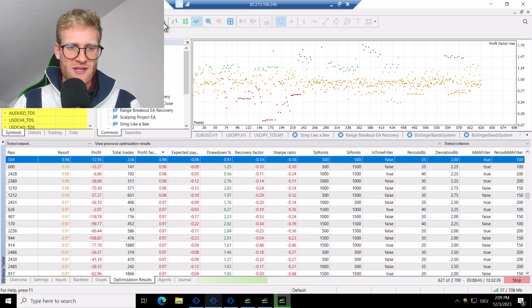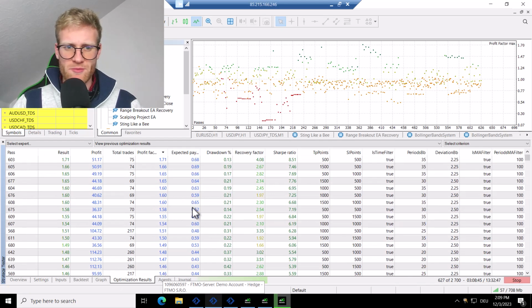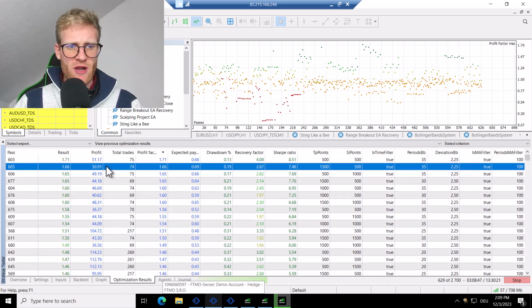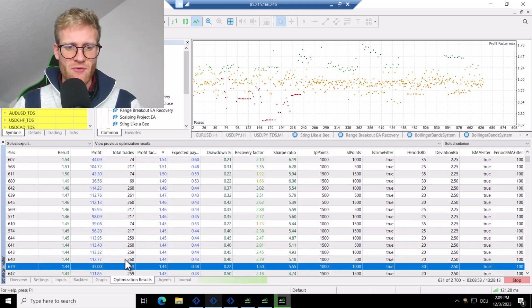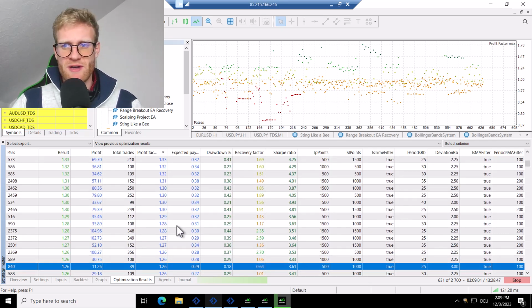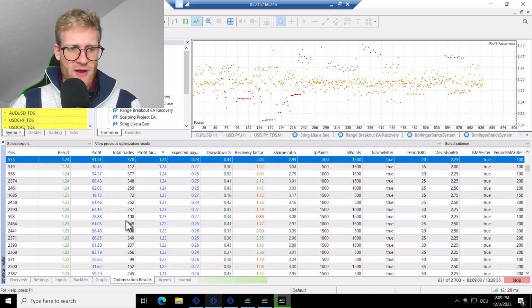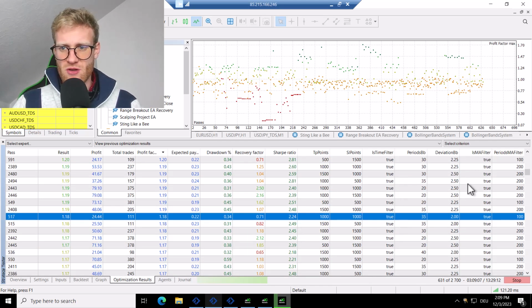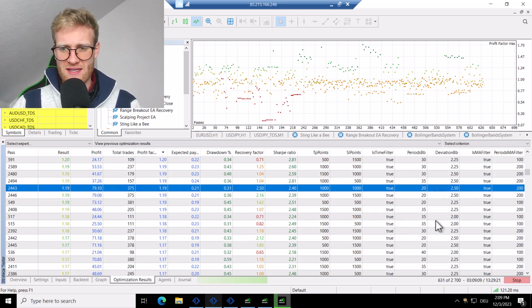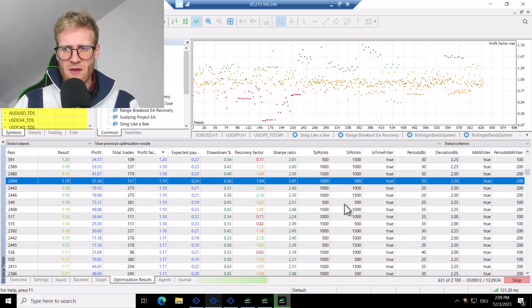But what is really interesting is if we have a look at the optimization results, you can see there are a lot of results that have a really good profit factor. A lot of these results do not have a lot of trades, as I said before. But this is just because we are working in the 1 hour time frame, and the moving average filter is taking away a lot of trades. But actually we do have a lot of input combinations, and I'm especially looking at the Bollinger Band settings and TP and SL.